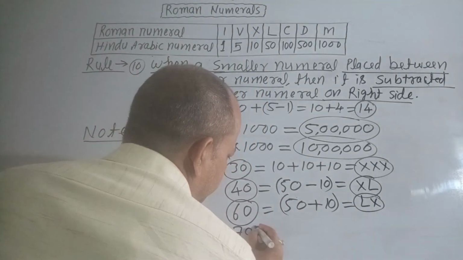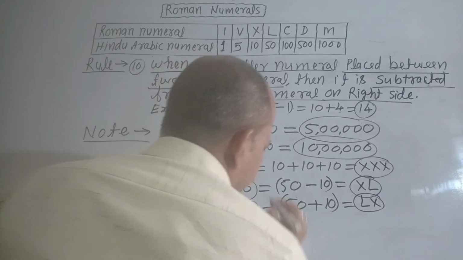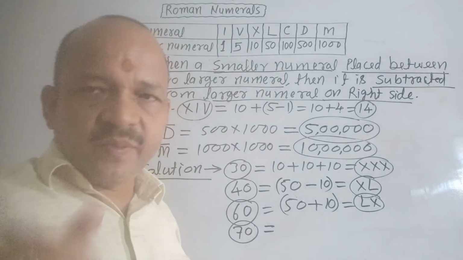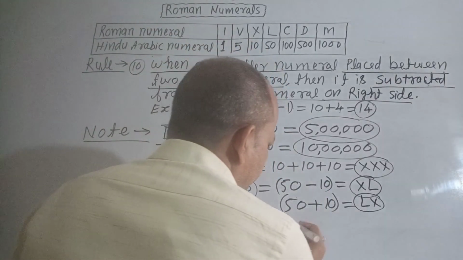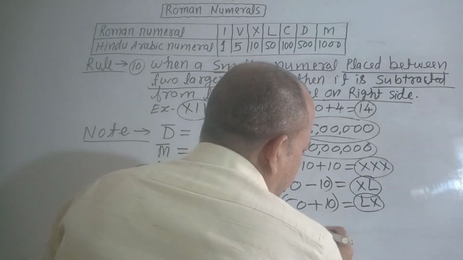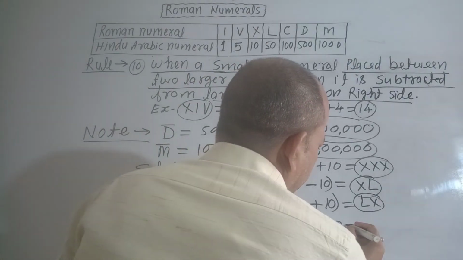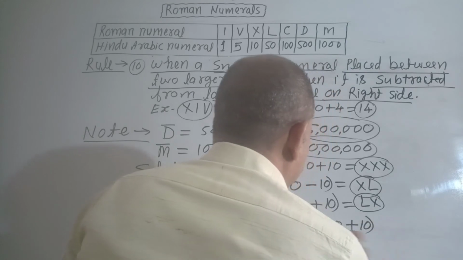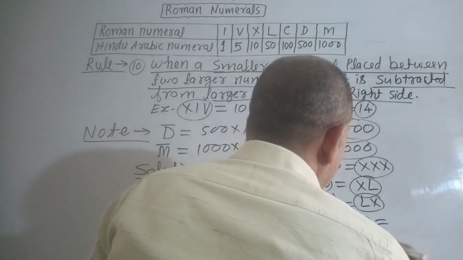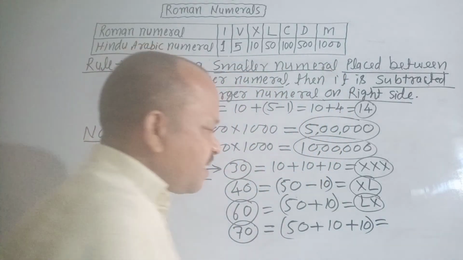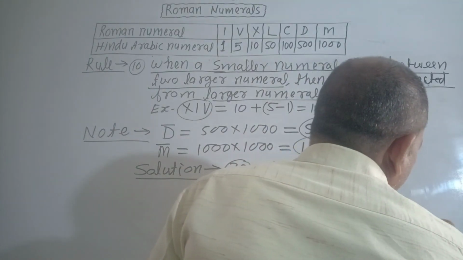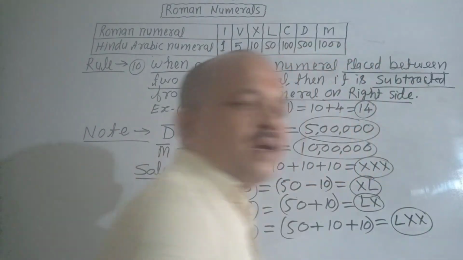70. 70 means 50 plus 10 plus 10 equal to LXX.